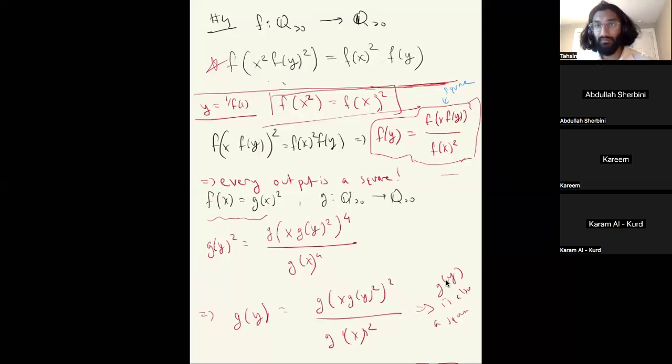Does that make sense? Yes. This identity here actually is very powerful. Since your outputs are always rationals, it tells you by infinite descent that f of y is always 1.